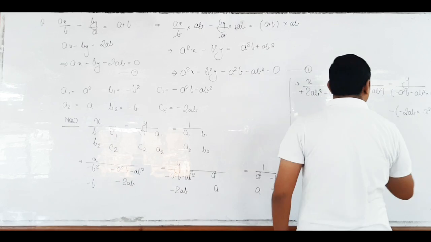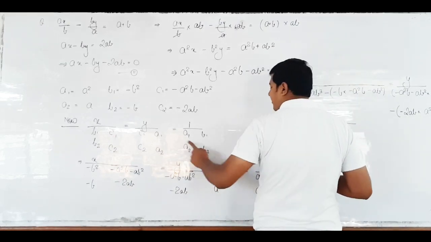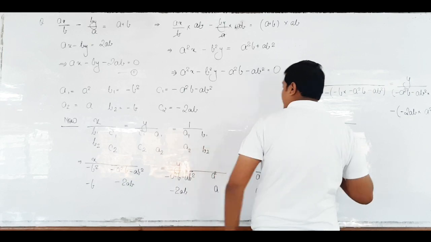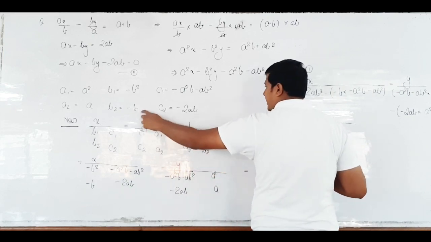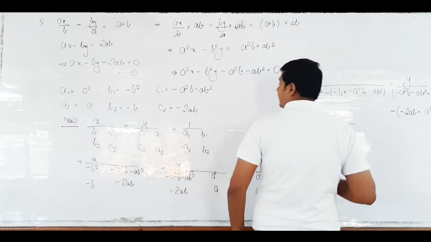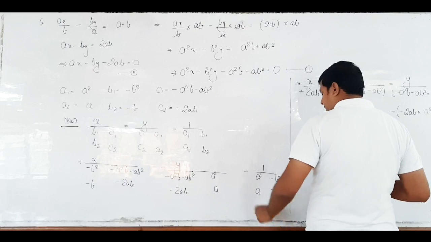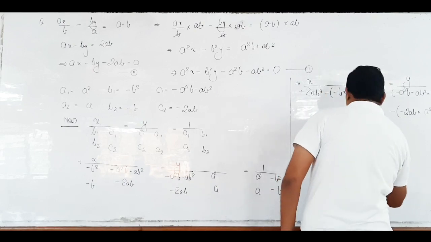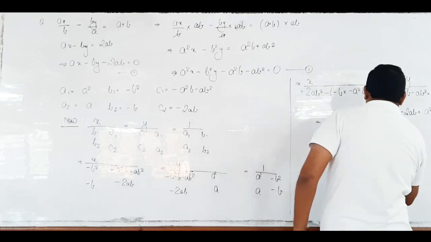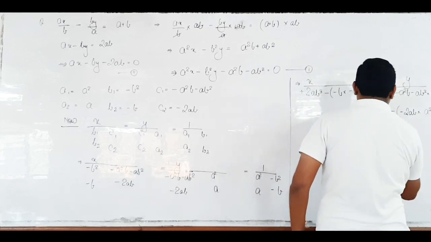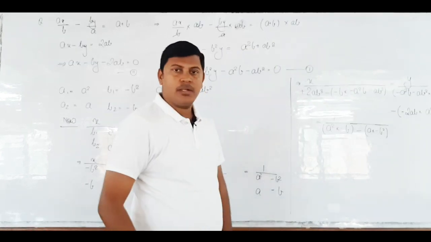Now 1 by a1 that is a square into b2 minus b, minus a into minus b square. That's the sequence. Now we'll solve it.